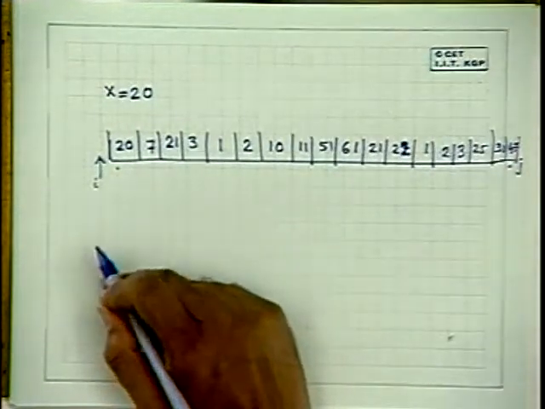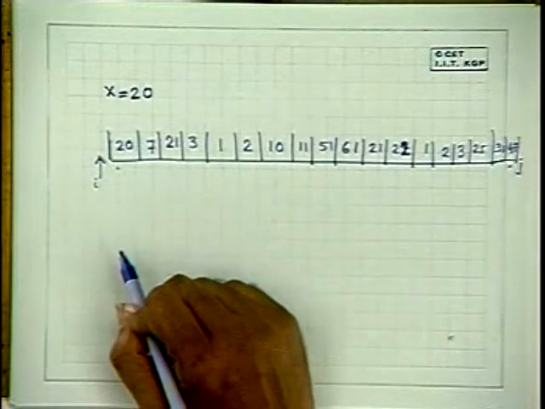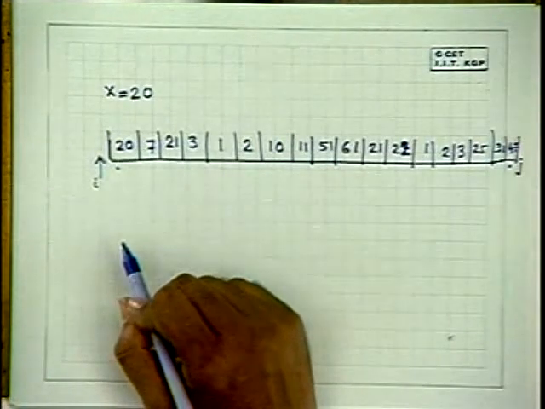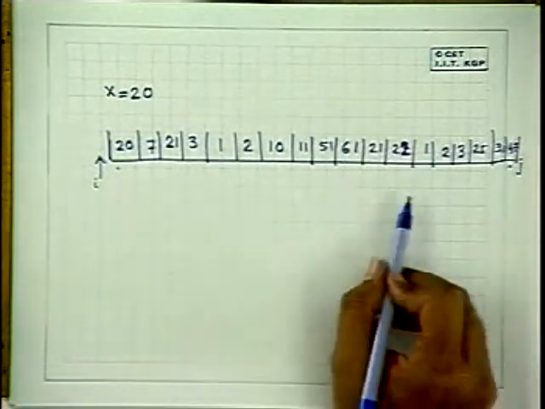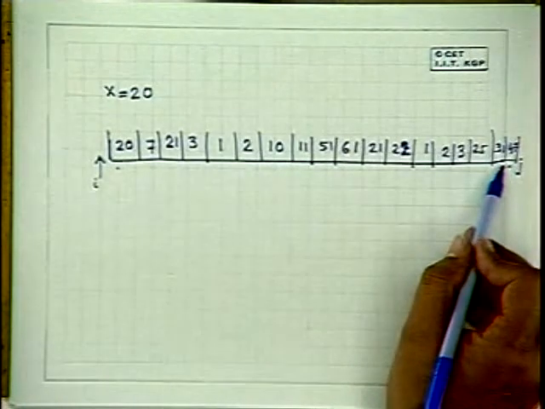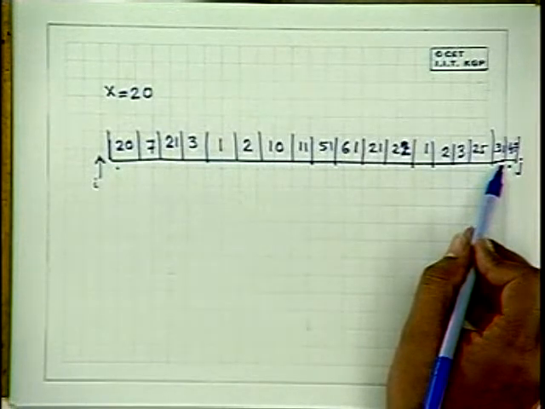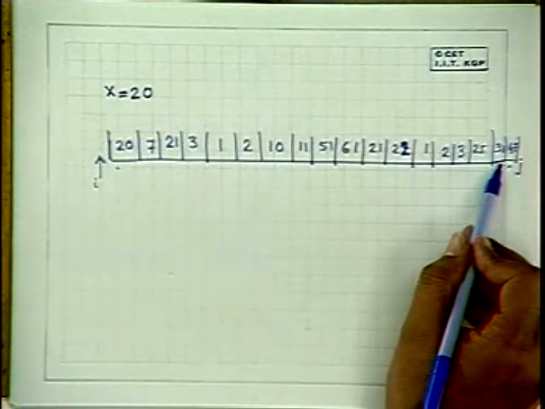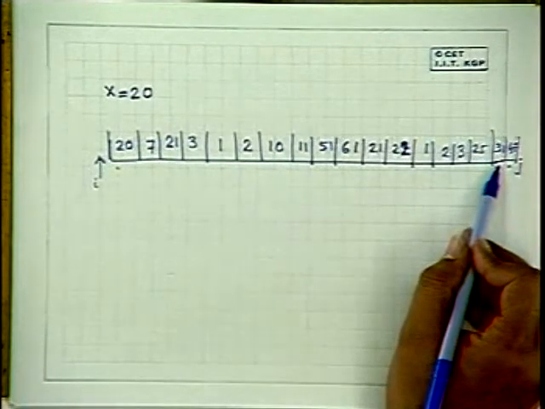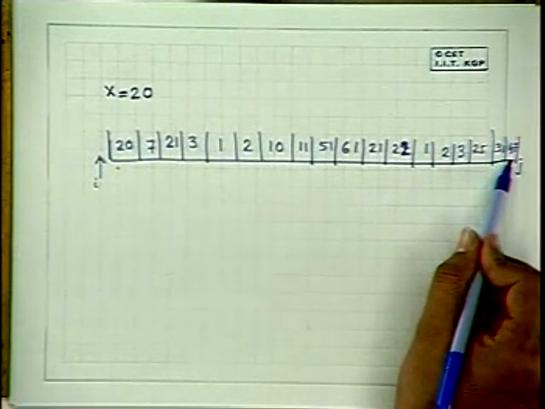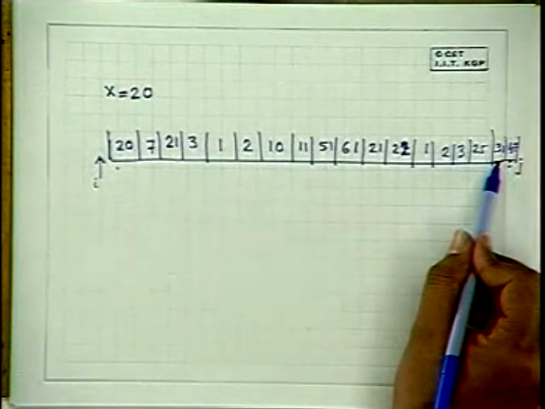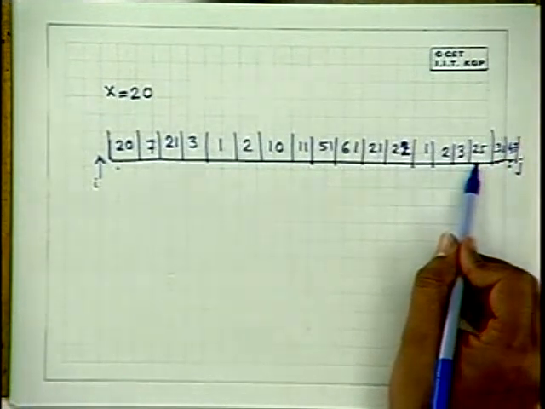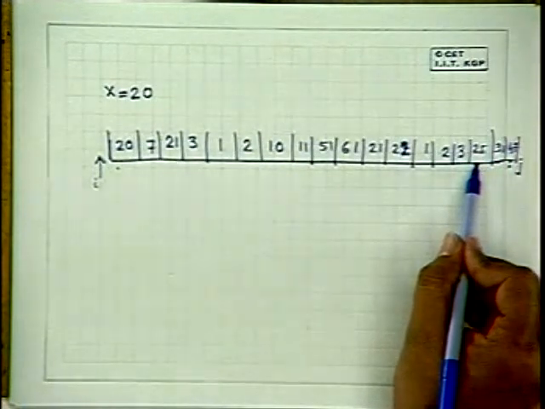If you go back to the algorithm, these are the two initial settings. Now, J will be decreased as long as the numbers are greater than or equal to 20. So 47 is greater than or equal to 20, so it will be moved here. 31 is greater than 20, it will be moved. 25 is greater than 20, it will also move.